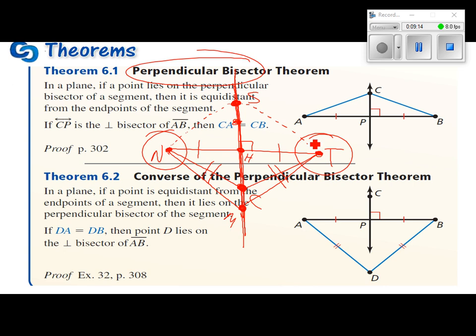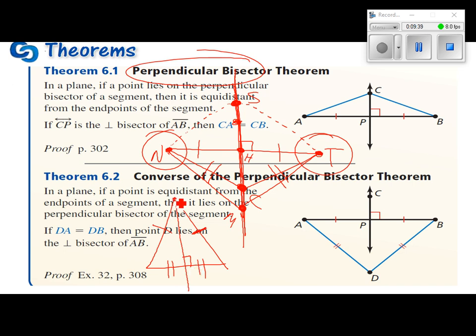The converse of that, which we don't use near as much, says, if I draw something like this, if I have this triangle and I know that these two are the same, and I draw something that goes down through here and it splits this in half, and it splits that in half, it's also going to form a right angle.